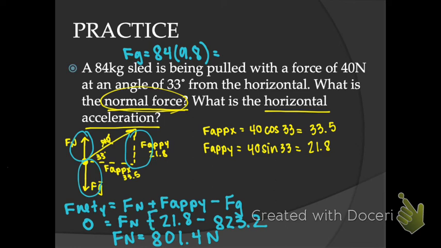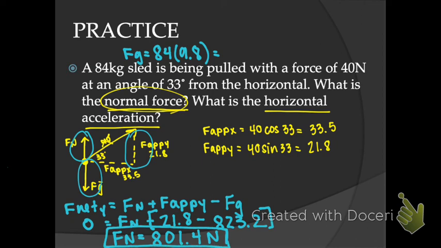We're going to add these two together, 21.8 minus 823.2, but then that has to be moved to the other side. Our normal force should never come out negative, because our force is going upward. If we had a negative normal force, that would mean that our object is not on the surface anymore. So that's not good. Okay, so there is our value for normal force.